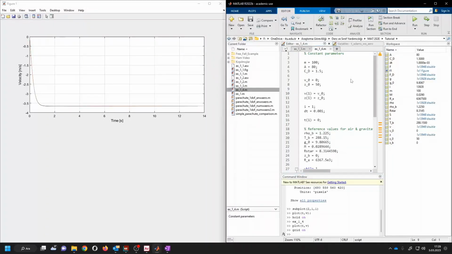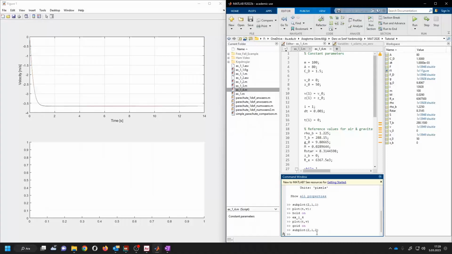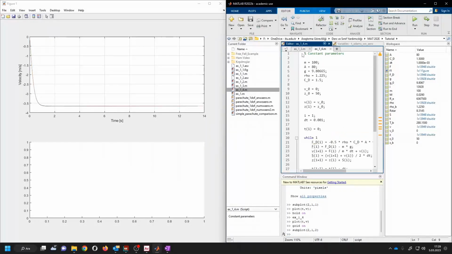Zoom out. So let me use subplot 2, 1, 2. Okay, I will run my solvers again with an initial altitude of 2500 meters. I will run the first.